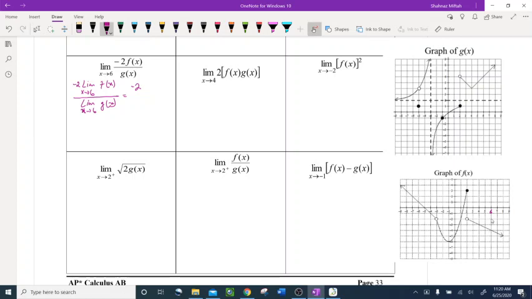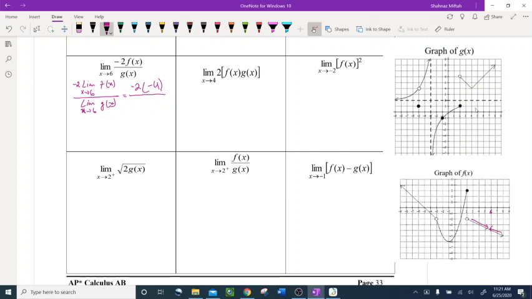This is f of x, this is 6, and I'm going from the right side and I stop here. Remember, we are approaching the y value at x equals 6. So from the right side I approach negative 4, and from the left side I approach the y value, and it's again negative 4. So this is going to be negative 4.